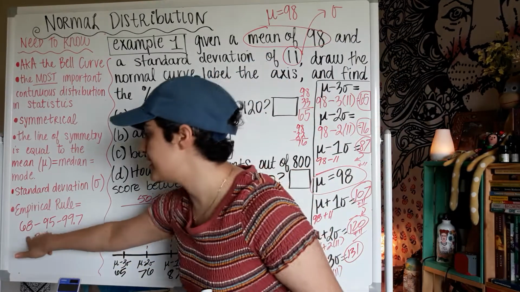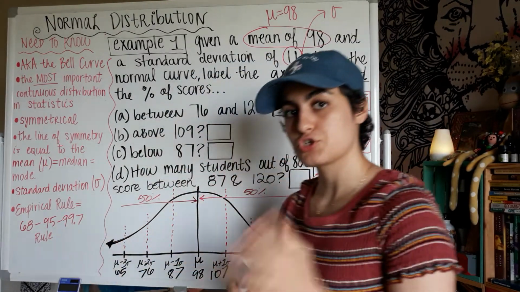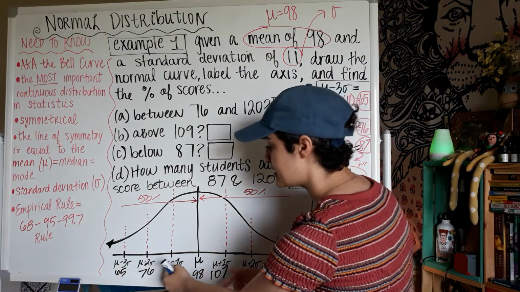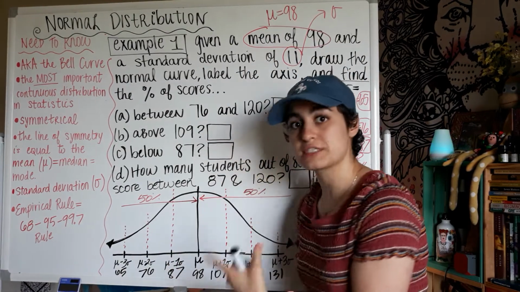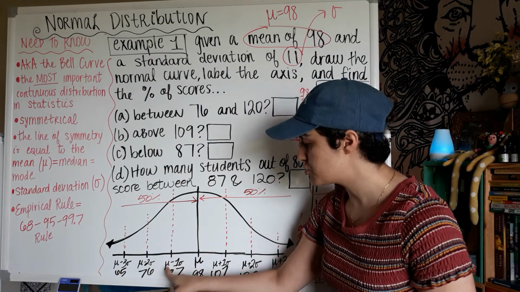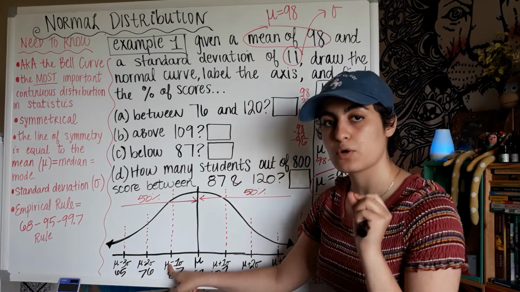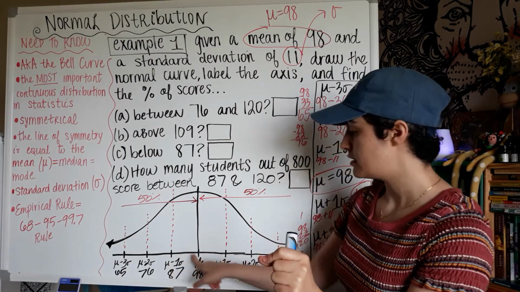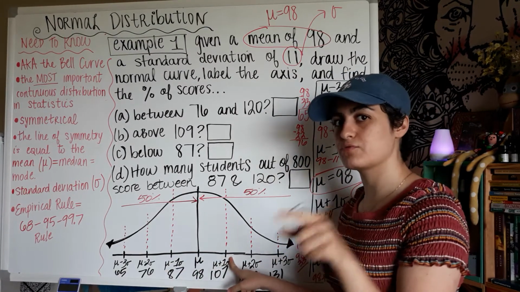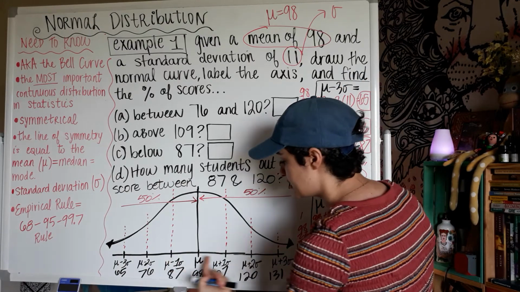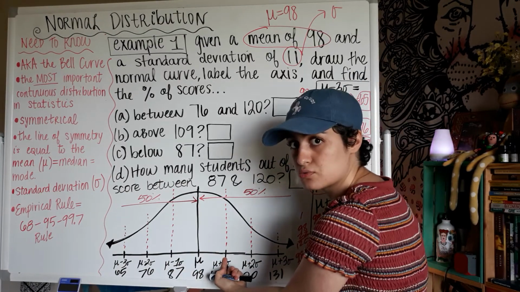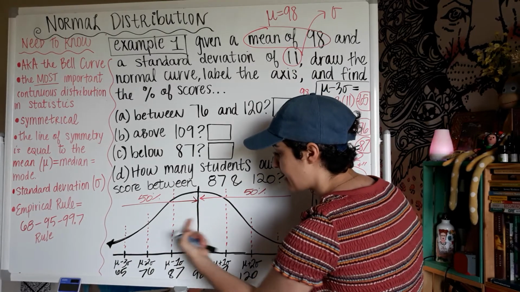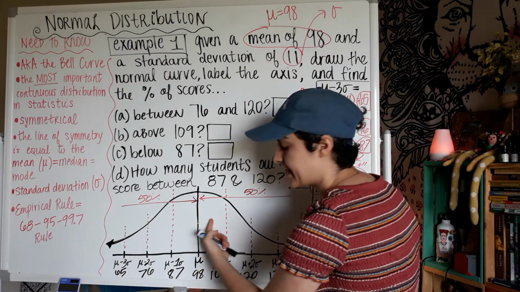So now these numbers come into play. The empirical rule says that between one total standard deviation, so between -1 times sigma all the way to +1 times sigma, from here to here, 68% of data falls in this range.